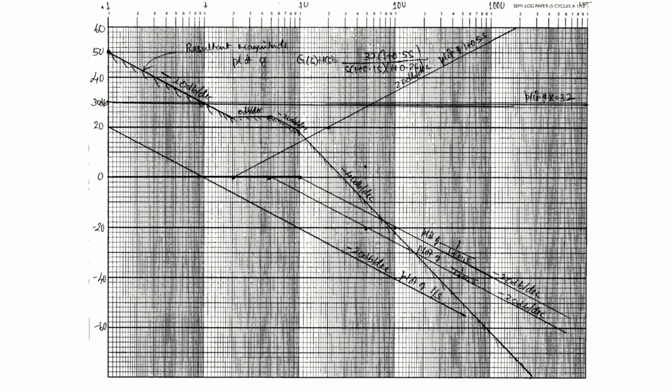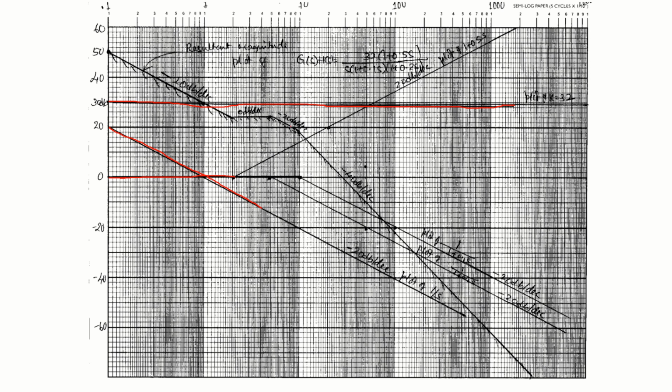You can see that first, 20 log 32 is this one. Then you have the 1 by s plot, this one. Then you have 1 plus 0.5 s, that is up to 2.